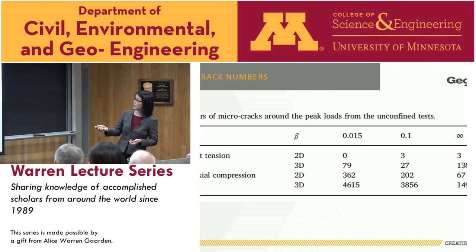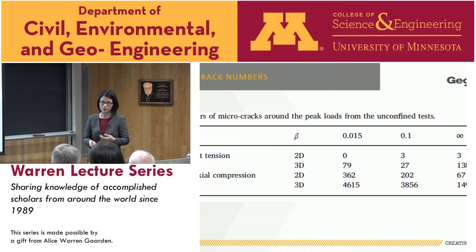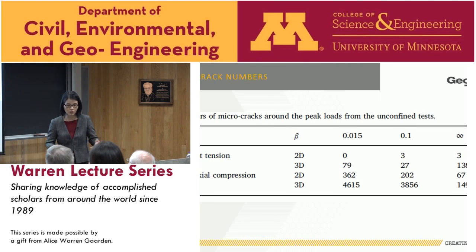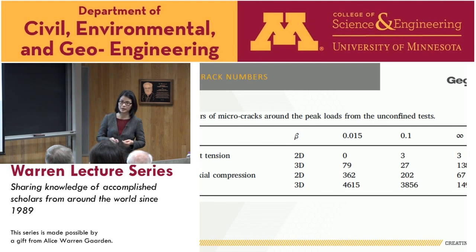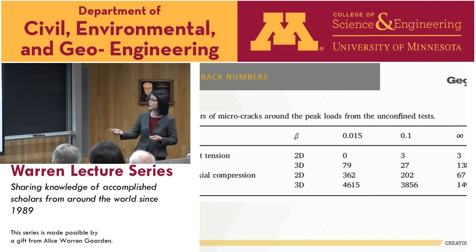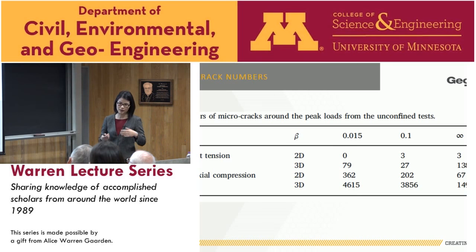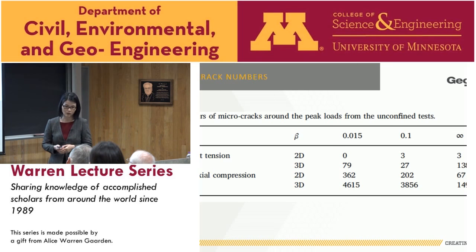So, again, I showed you the curves and numbers for 2D, but for 3D, it's the same thing. There's a significant contrast in the number of cracks you observe in tension and in compression. Of course, it has to do with the failure mechanism as well, because tensile failure is just one single crack. With compression, you develop shear bands, and not only one, it could be multiple bands as well.